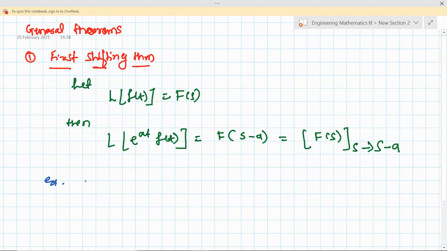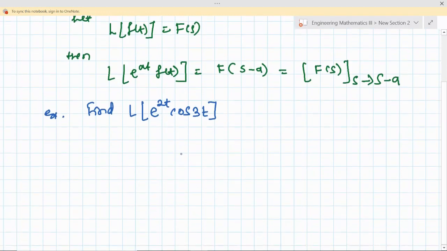I just take the example: find the Laplace transform of e raised to 2t into cos of 3t. If we compare this, what is my f of t here? My f of t is simply cos of 3t. Just find the Laplace of this. Laplace of cos 3t, use the standard result that we have seen in the previous lecture.